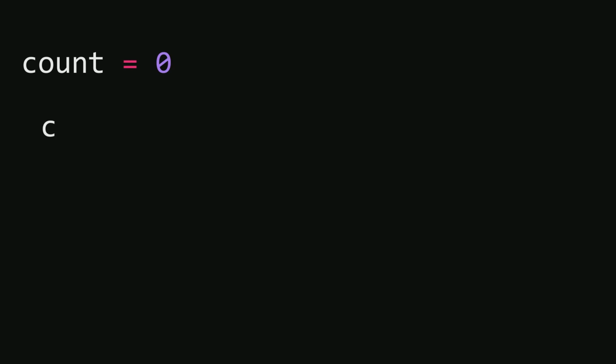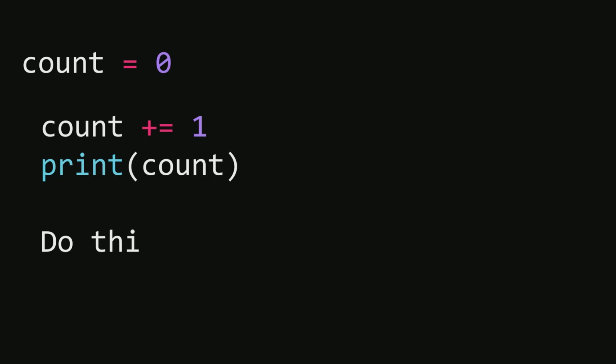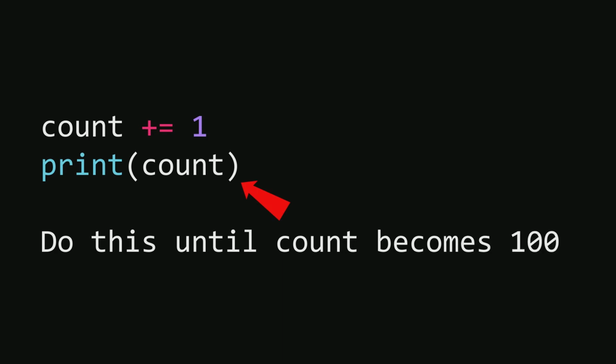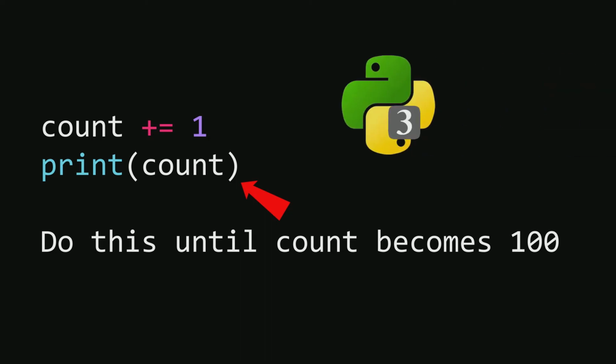Then we add 1 to count and print count, and we want to do this until count becomes 100. So I want Python to execute the following commands and add 1 to the count till a point comes where count becomes 100. Correct.